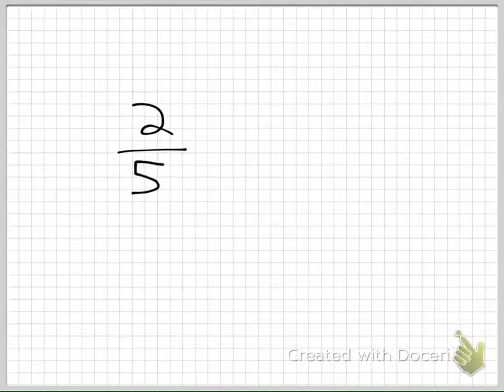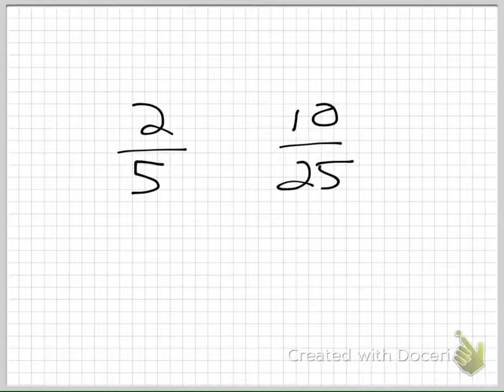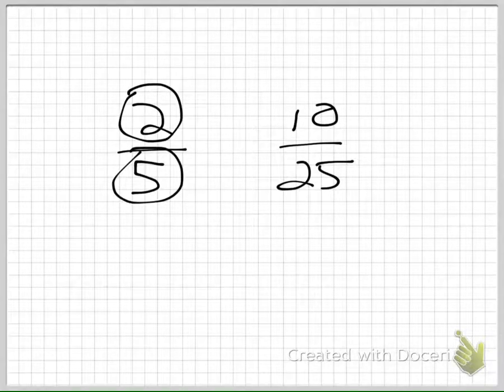But what if I have 2/5 and 10/25? Yes, they can be reduced, but notice this: if I do the exact same thing to the numerator and denominator here, they will equal this. How does the 2 become a 10?